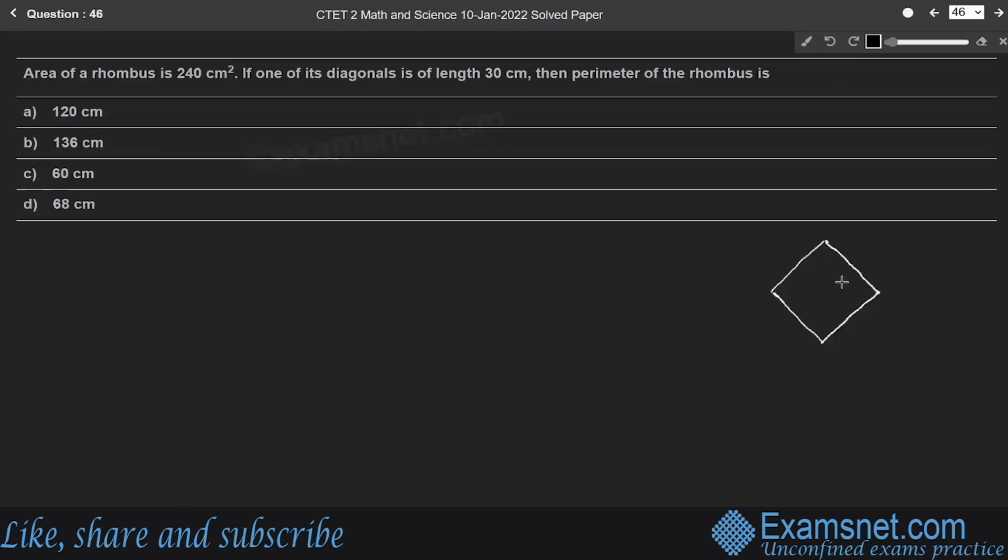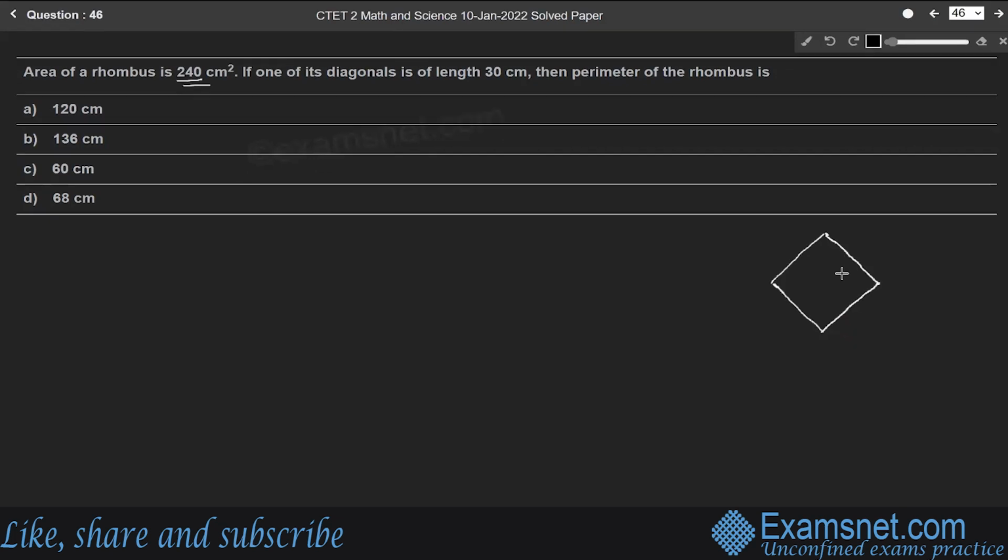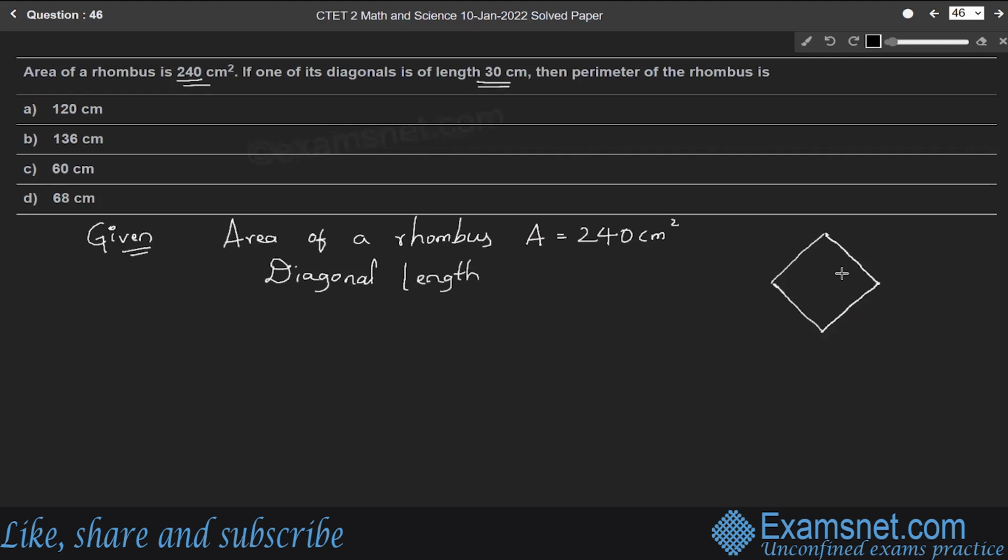Question 46. Area of a rhombus is 240 centimeters square. If one of its diagonals is of length 30 centimeters, then the perimeter of the rhombus is to be found. Area of a rhombus A is equal to 240 centimeters square. So one of its diagonal lengths is 30 centimeters.